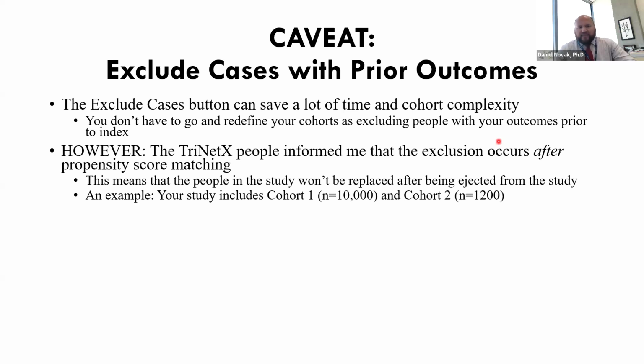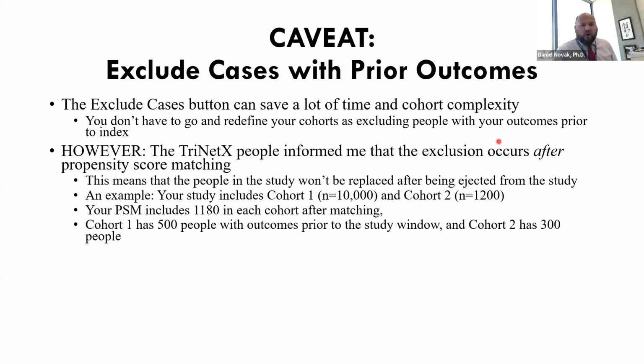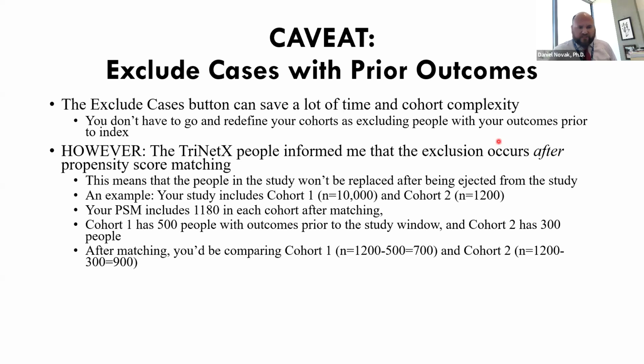Your cohort 1 has 10,000 people in it, and your cohort 2 has 1,200 people in it. You're comparing a relatively large cohort to a relatively small cohort. After propensity score matching, you've been able to capture 1,180 people in each group, but cohort 1 has 500 people with the outcome prior to the study, and cohort 2 has 300 people with the outcome prior to the study.